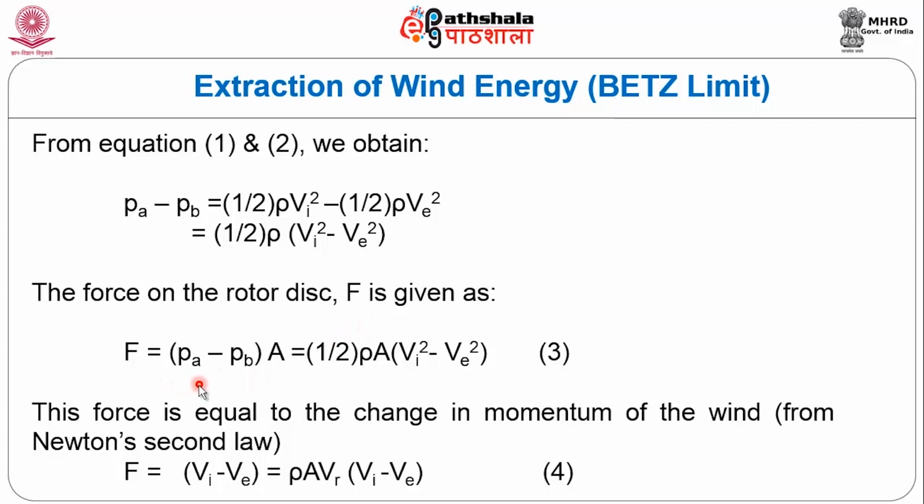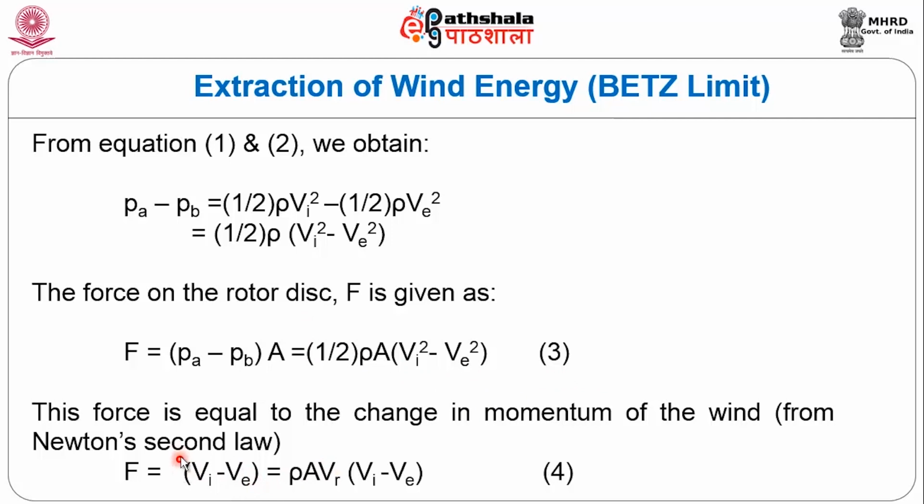The force is P suffix A minus P suffix B, into A. So this is the force on the rotor disc, area into pressure, and it can be rewritten like this, substituting the P A minus P B we got, with A, as equation number 3.